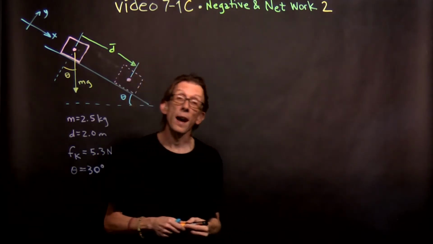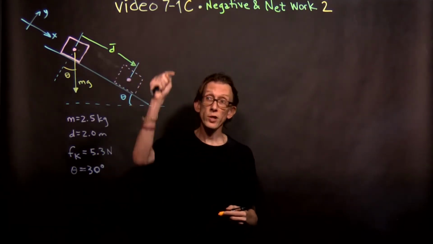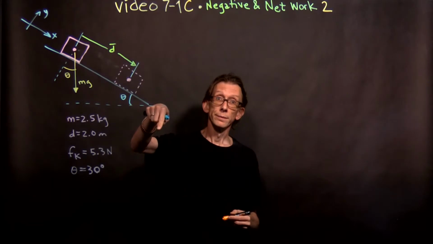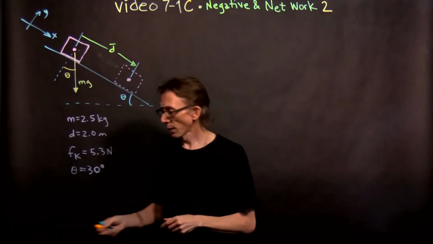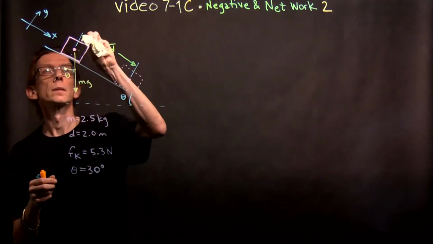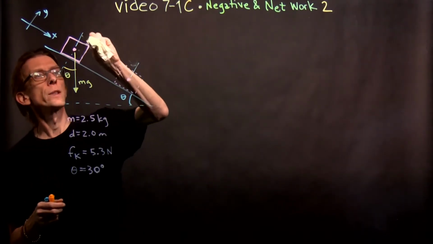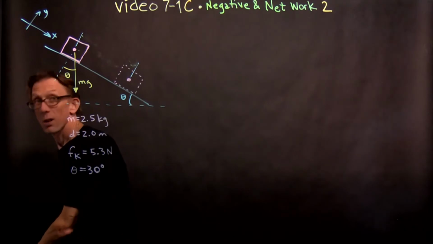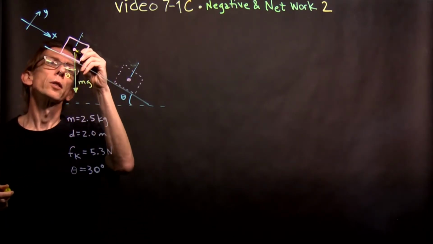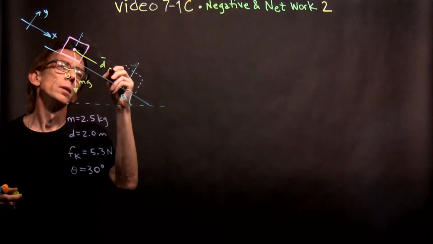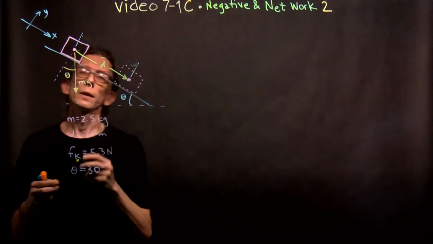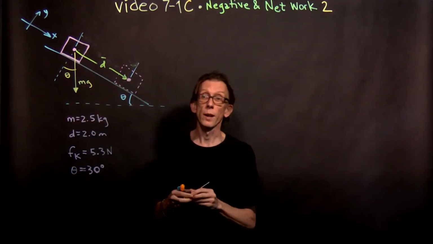What other forces are acting on the block? The weight's straight down. I think I'm going to move this displacement vector. It'd be more instructional to move it down here like this, in the positive x direction.